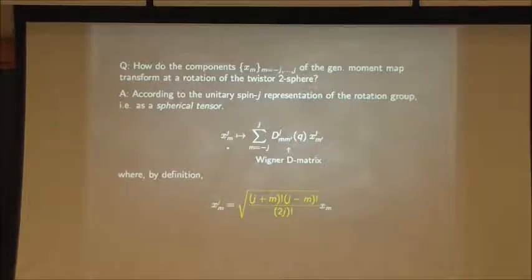But there's a slight catch there: you have to normalize them with some combinatorial factor of this sort. So then I denote the normalized objects with the upper index j. So this is like a spherical tensor. The components of the generalized moment map are actually spherical tensors with respect to rotations of the twistor sphere, the Hyperkähler complex structures.